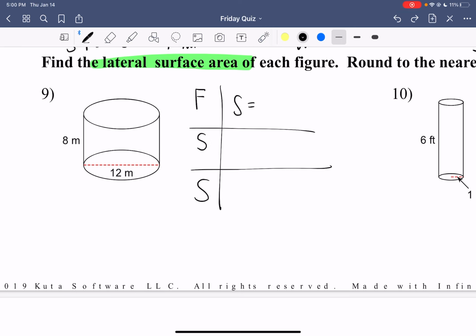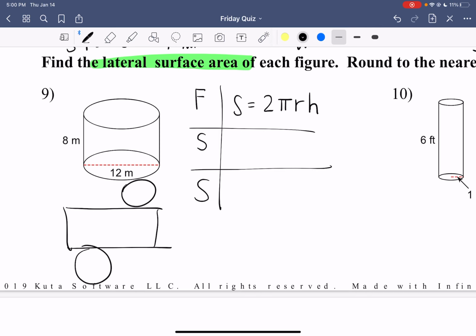The cylinder is going to be 2 times pi times radius times height. Okay, and then, remembering that if we were to unfold this, we would have our circle on the top, circle on the bottom. And the lateral surface area is just this middle portion here.